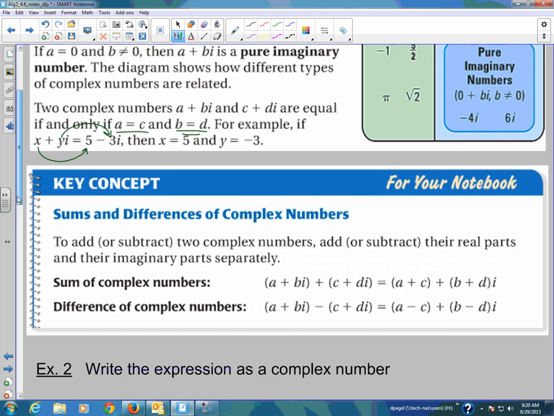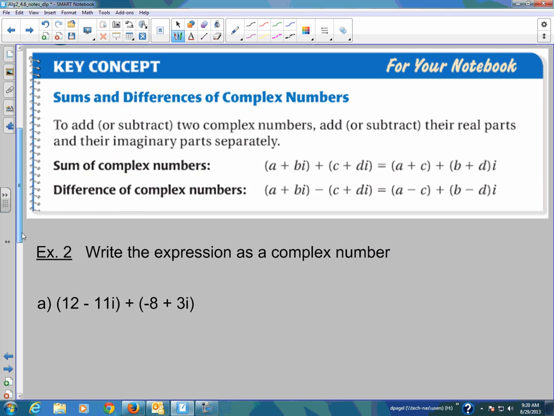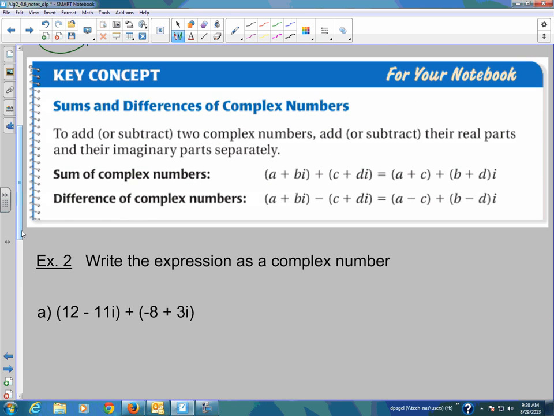Sums and differences of complex numbers. So adding or subtracting complex numbers. All this is, is combining like terms, where we have our real parts combining and our imaginary parts combining together.